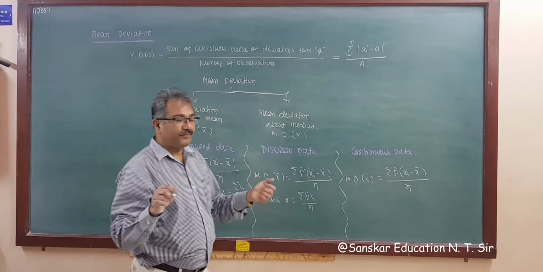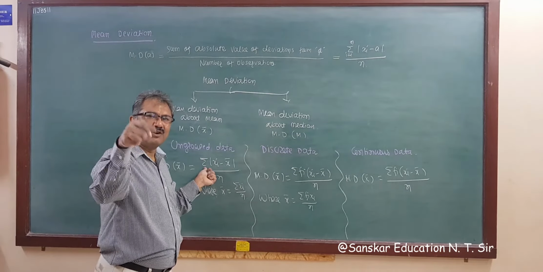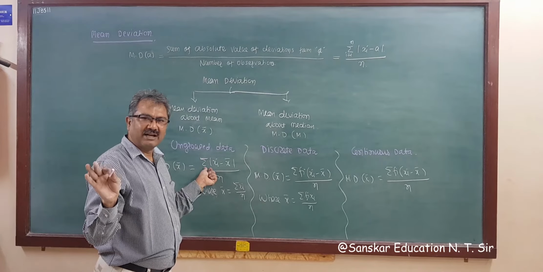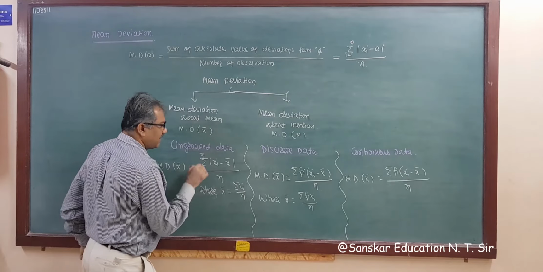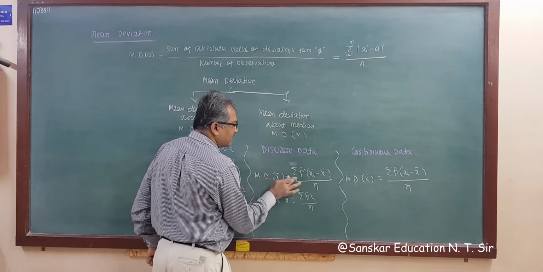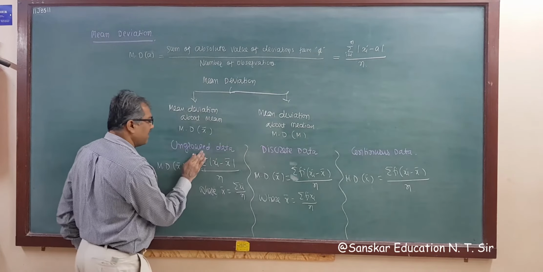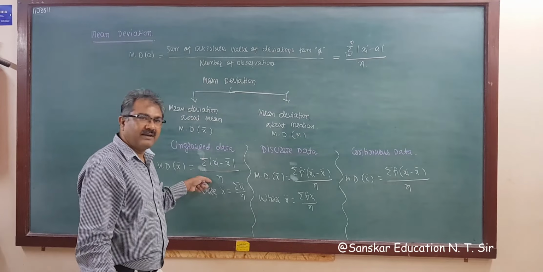I am not writing the limit of i running from 1 to n. If you want to write i equal to 1 to n, you may, but there is no need. Simply write sigma |xi minus x bar| upon n.